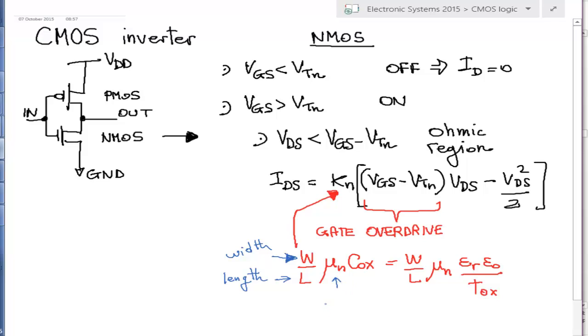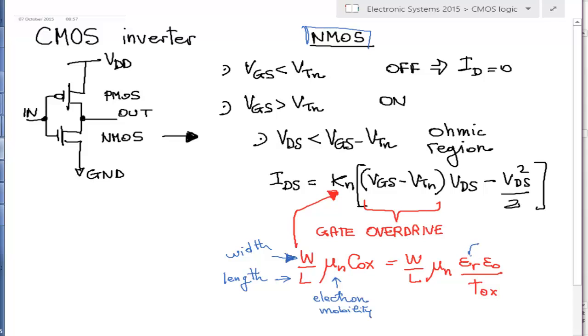This mu n is the electron mobility. So it's the mobility of electrons in the channel. And of course, we're interested only in the mobility of electrons because we're talking about the Nmos. Okay. Then this Cox is defined here.